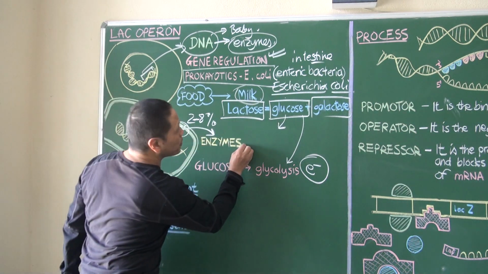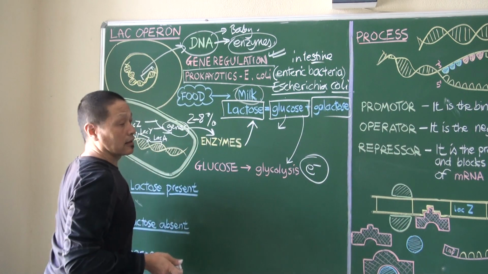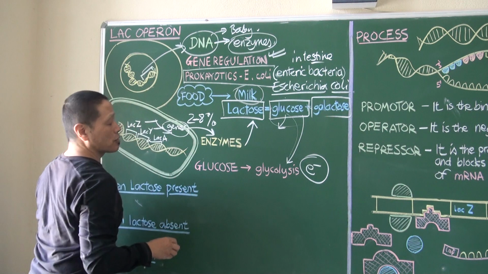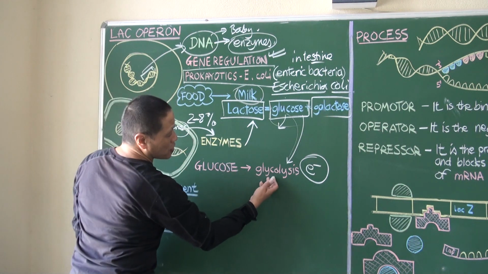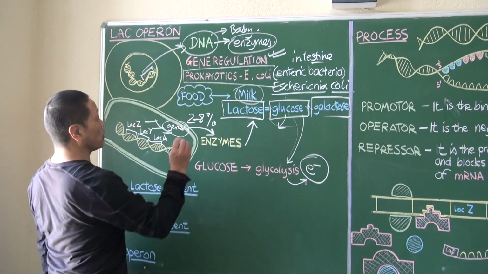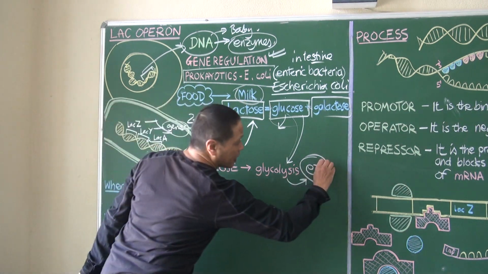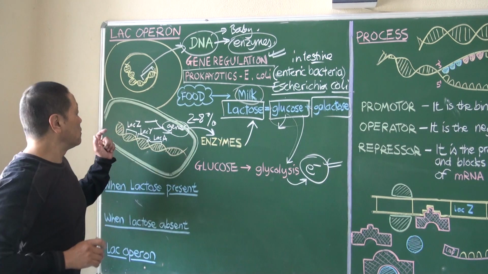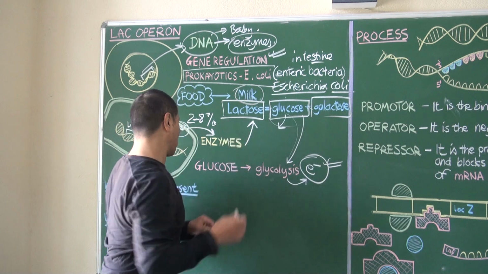This enzyme can break lactose into glucose and galactose. This galactose is used during the process of glycolysis, it can give out energy. So the objective of the bacteria is to gain energy. And in order to gain that, it has to produce these enzymes which can break down lactose.